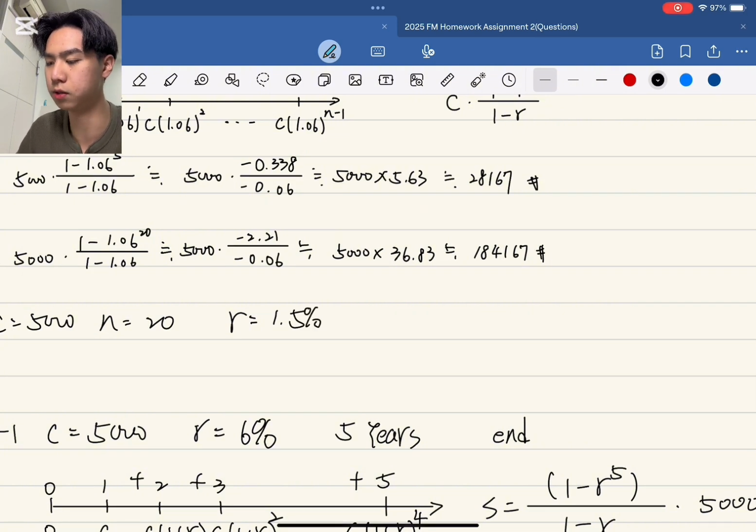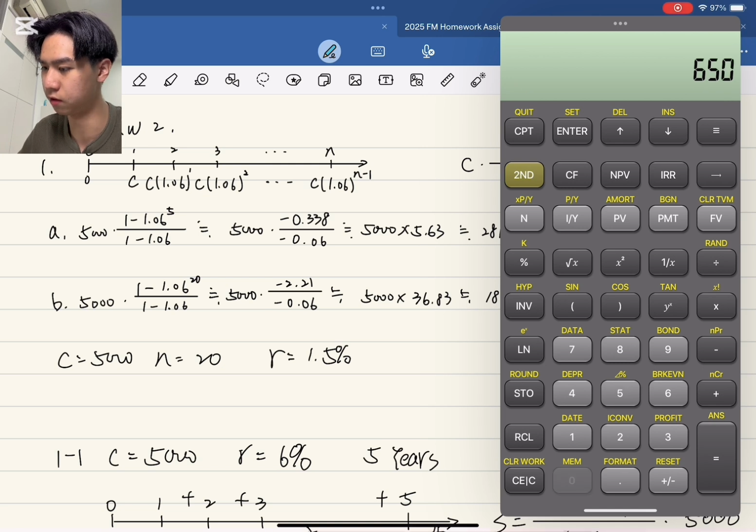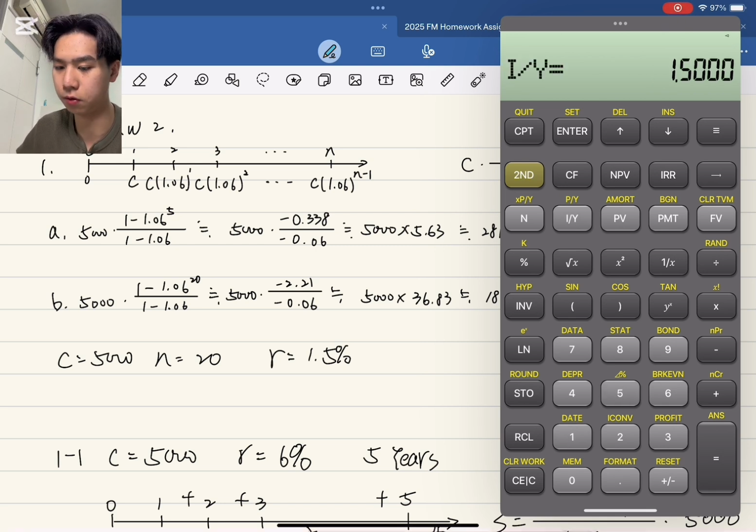Okay, we input the information into the financial calculator. First, we input the number of times we get the money, 20 times. And interest rate, 1.5. Present value, we start from 0.